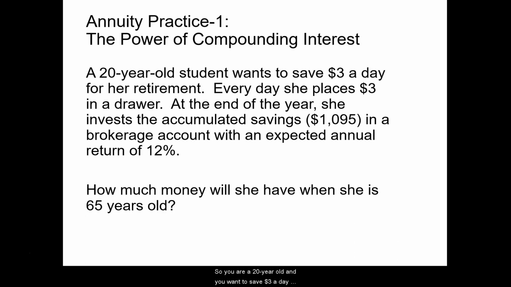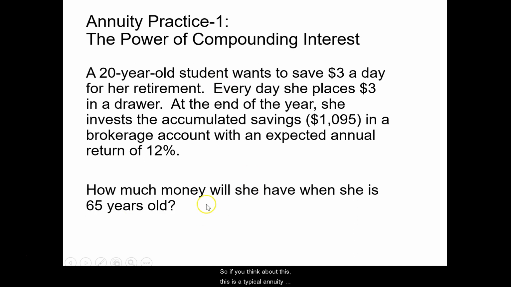So if you are 20 years old and you want to save $3 a day, which means over a whole year that will be $1,095, which is 365 multiplied by 3. So $1,095 saved and put into a brokerage account, which makes a return of 12%. Then how much money will she have when she's 65 years old?